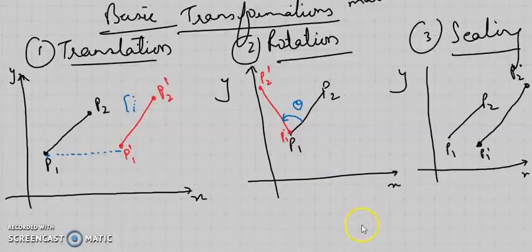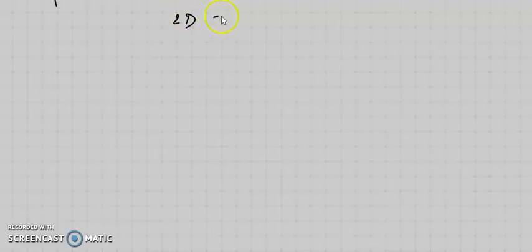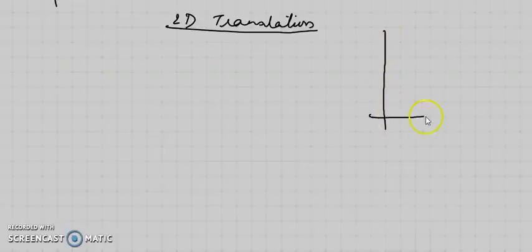In this particular session, we are going to start with translation. So starting with 2D translation, I am going to draw a coordinate system. And now we are going to consider it for a single point. So P x comma y, right?